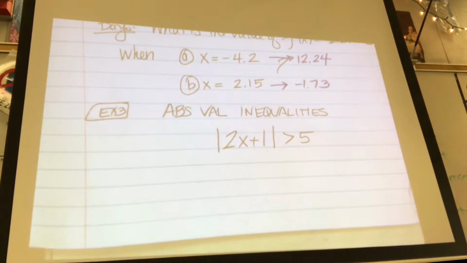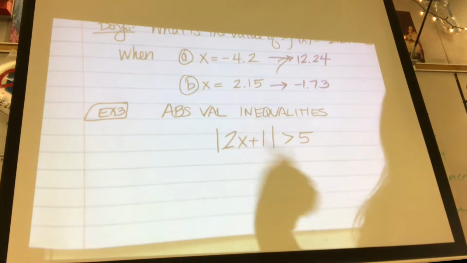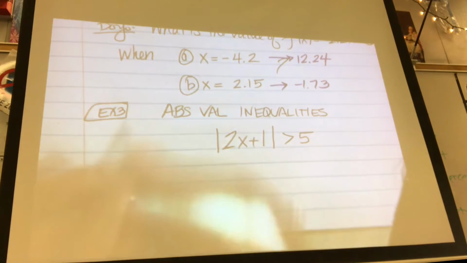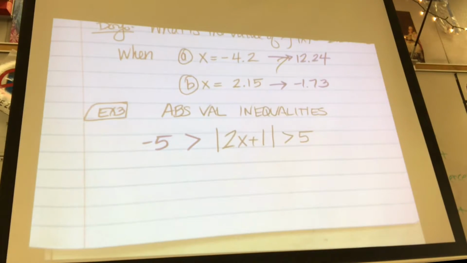Whenever I have an absolute value, remember I told you if I want to be 5 feet away from 0, there are 2 possibilities. Where could I be? The left or the right. I could be positive or negative. So I need to tell people, hey, I can be over here too. So that's why there's going to be 2 different answers.